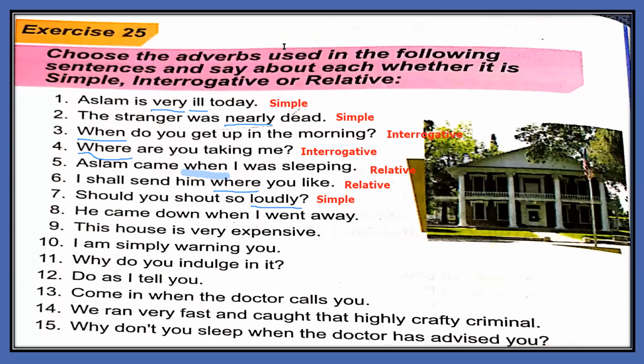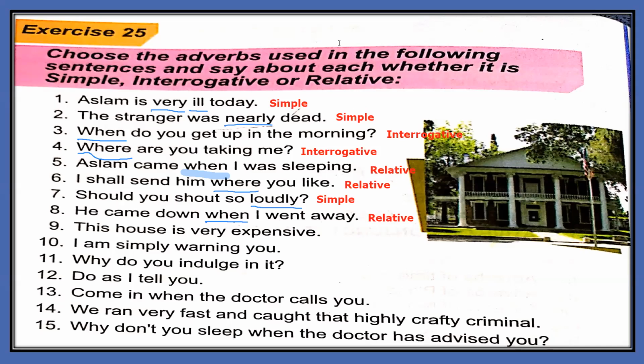So dear students, number eight, he came down when I went away. So here the word, which one? He came down when. This when is an adverb and it shows the connection between two sentences. He came down, I went away. So this is called a relative adverb. Good.